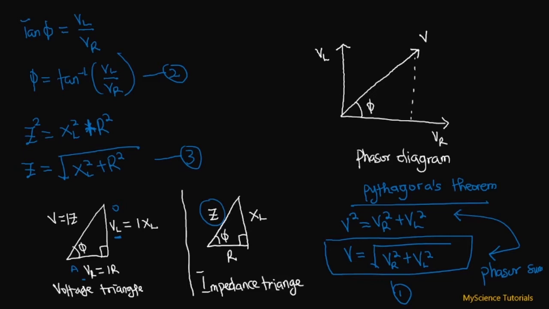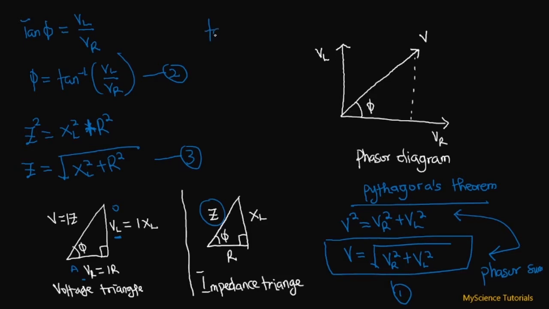So the impedance is the total or the overall opposition to the flow of current in an AC circuit containing two or more components, such as maybe an inductor, resistor, or a capacitor. Now, from the impedance triangle, again, we can also find the phasor angle.